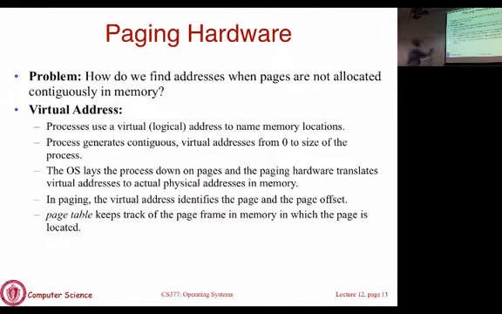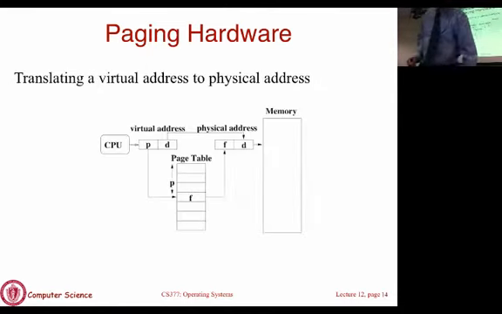It's still going to generate an address I, which is the ith byte of the process. Now something has to translate this I into a page number and an offset within that page. That something is the paging hardware, and we'll see how to do that.